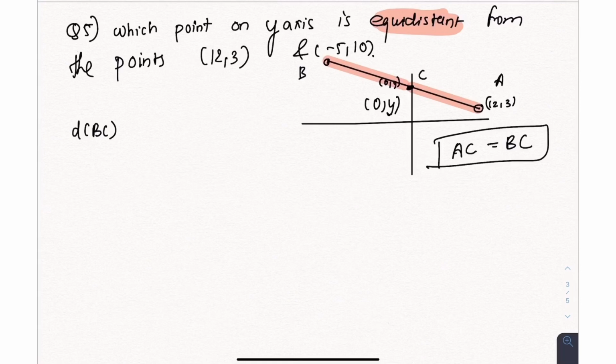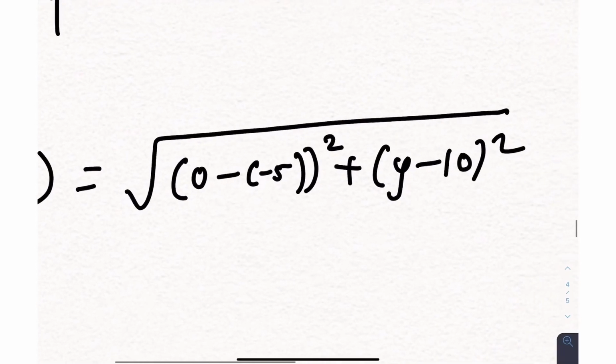So suppose I'm saying find the distance of BC. What you are going to do is use the formula root of (x2 minus x1) the whole square plus (y2 minus y1) the whole square. Now again, this part is very important. When I say x2 minus, since your x1 is negative, after minus please put a bracket, because when you open the bracket, minus and minus will become positive.